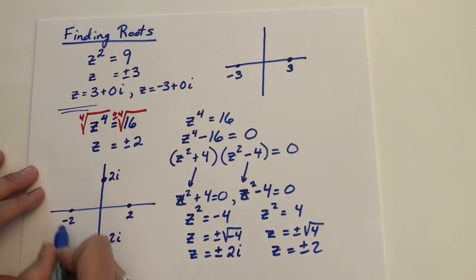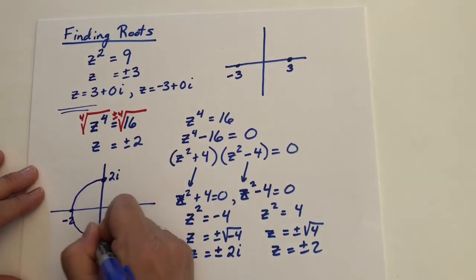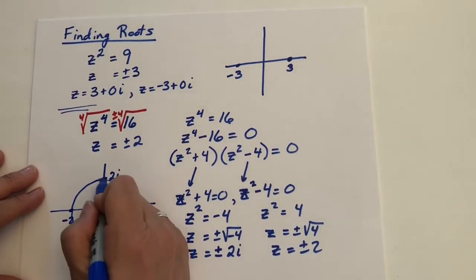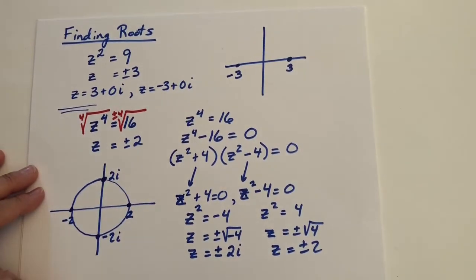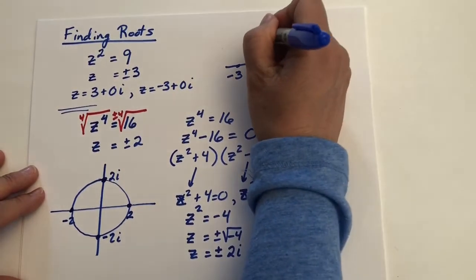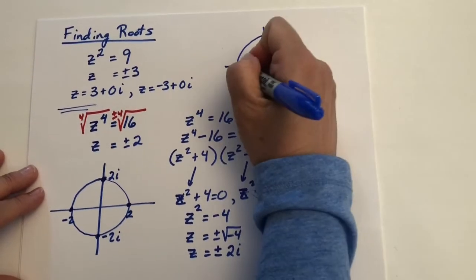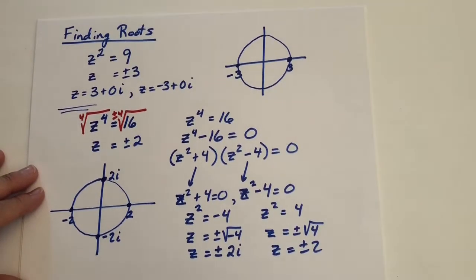So notice they're equally distributed around this circle right here. This circle that is of a radius 2, all of the roots end up on that point evenly distributed around the circle. And by the way, the same thing was true up here. These 2 square roots were evenly distributed around that circle, this circle of radius 3.